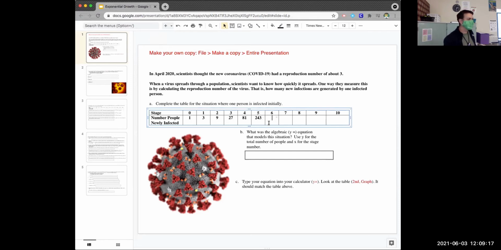And as you're using the calculator, one thing you can do is you don't have to type in the number every time. Like I have my answer here from before. If I just go times 3, it'll multiply the answer for me. And so I get 729. Times 3, we get 2187.